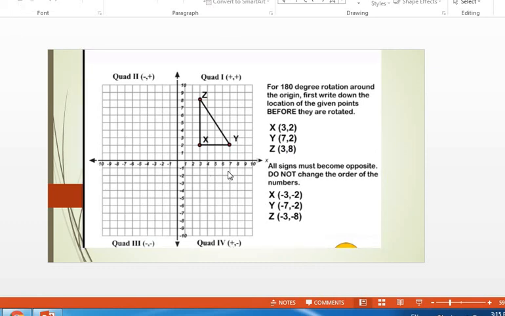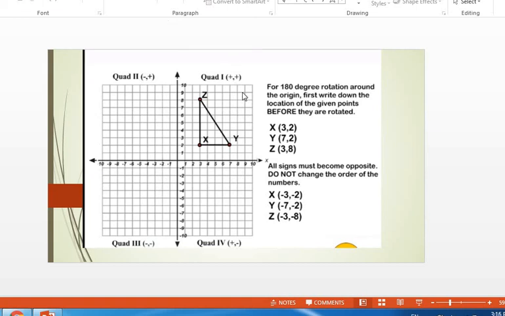So remember that when you rotate the triangle 180 degrees, it's not a full rotation, it's a half rotation. So just change the signs, don't change the order of the numbers.